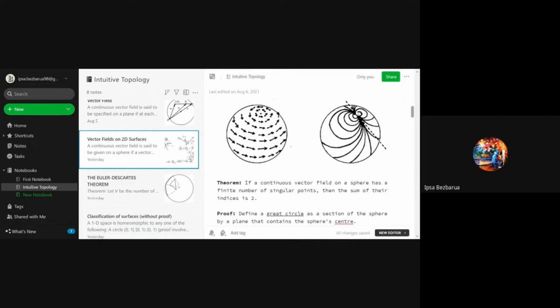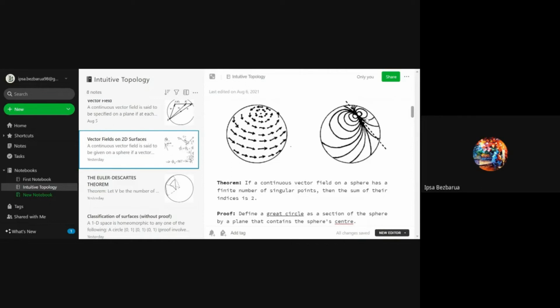And here is another vector field which has only one singular point, but it's going to have an index too, because to preserve continuity, the only way I could draw a vector field is in this way.